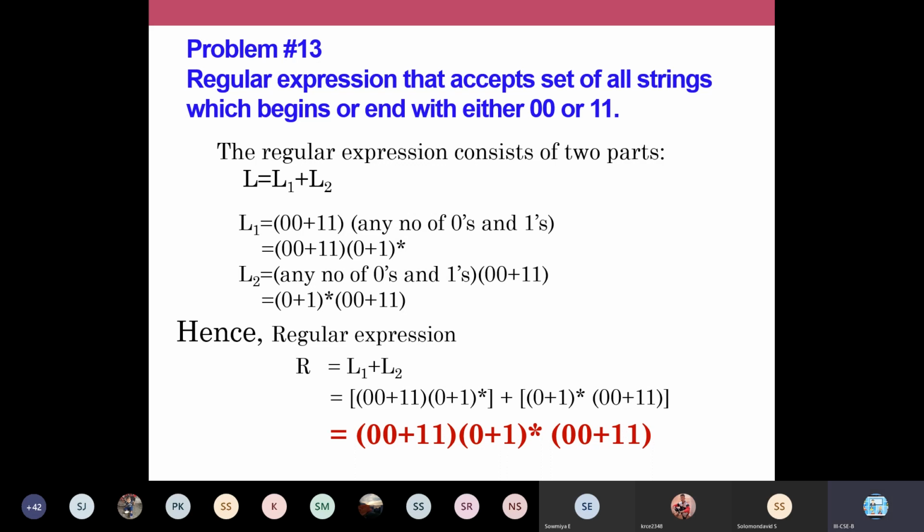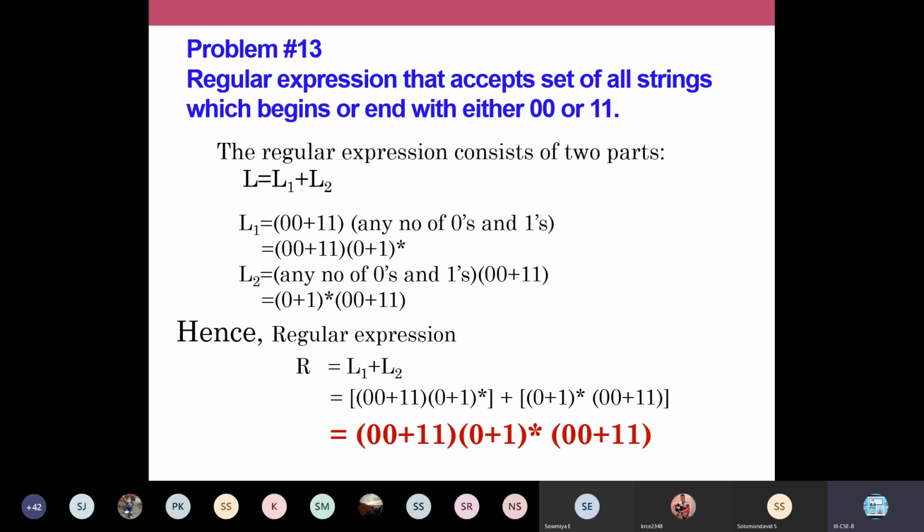And in the end, you can have all combinations of zeros and ones. So you can write (0+1)*.